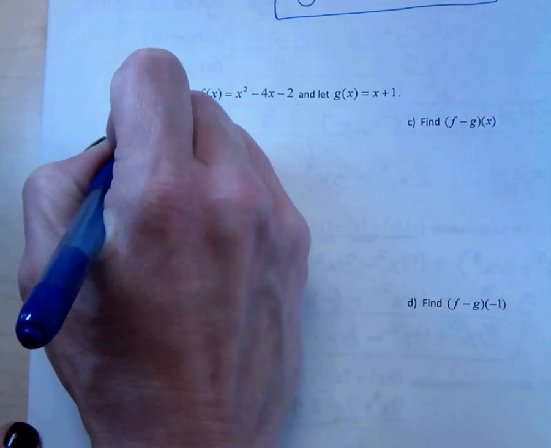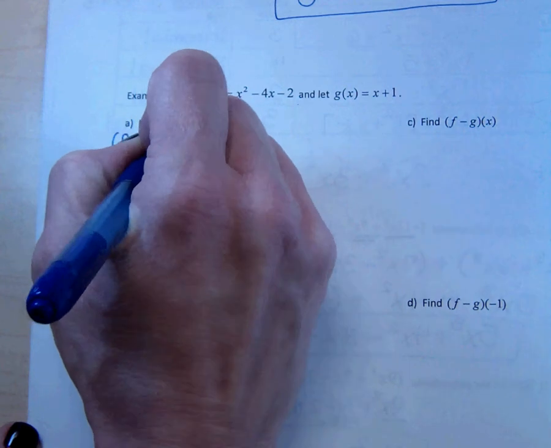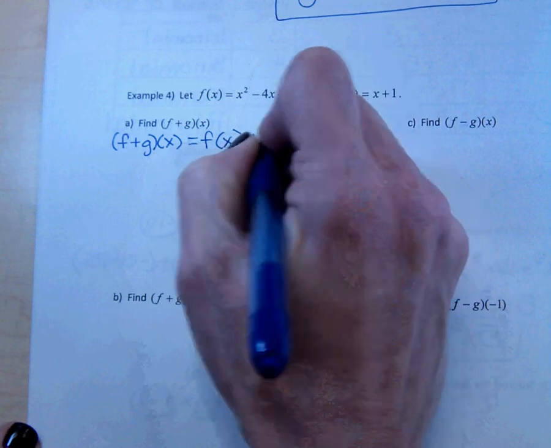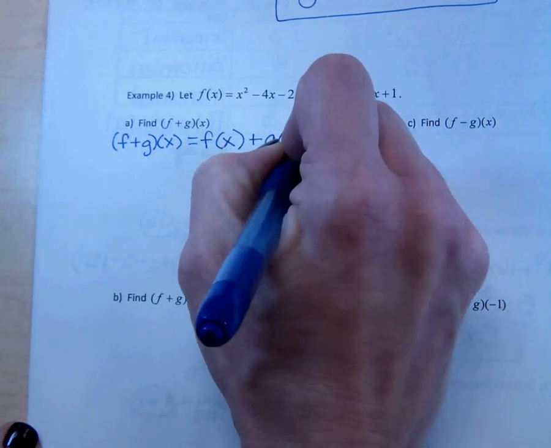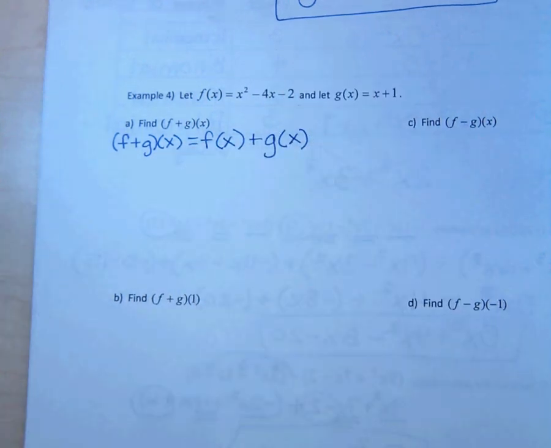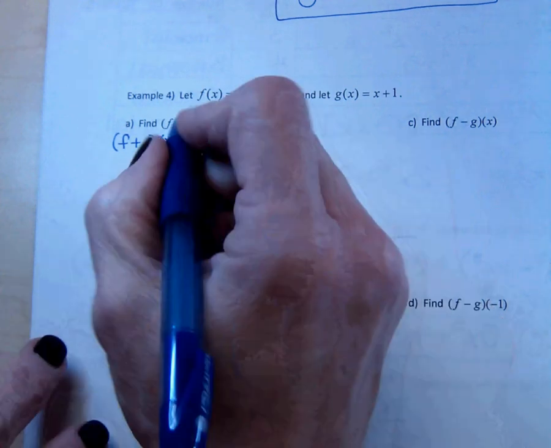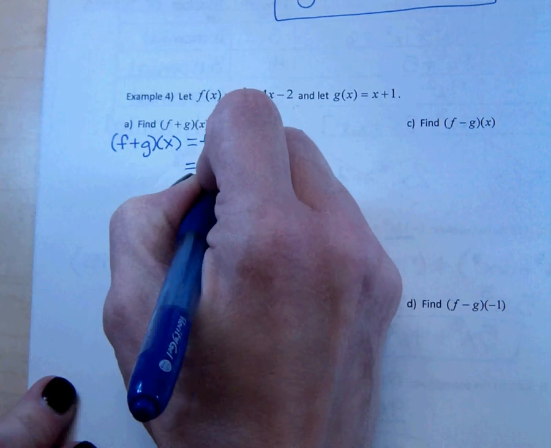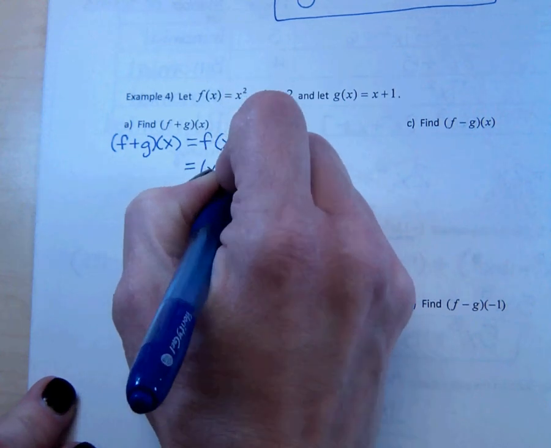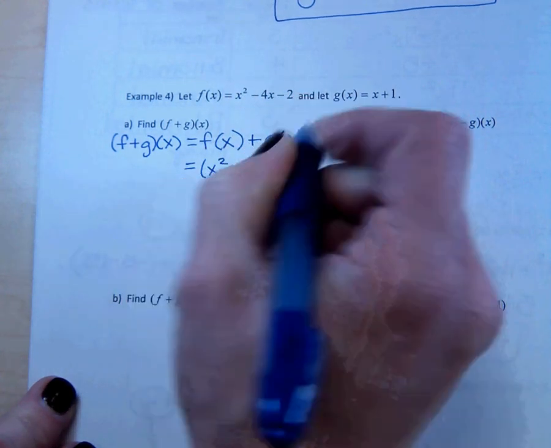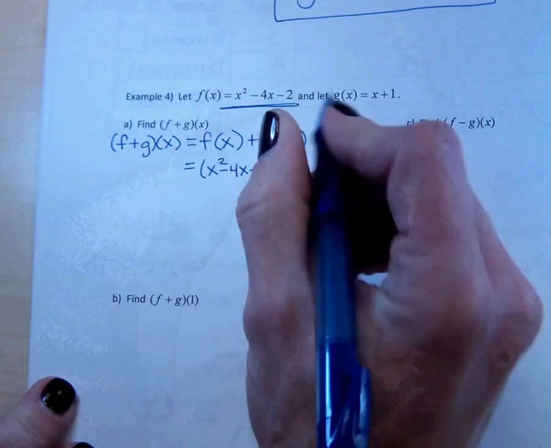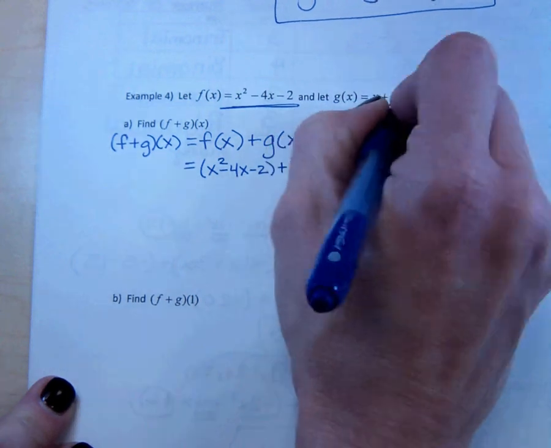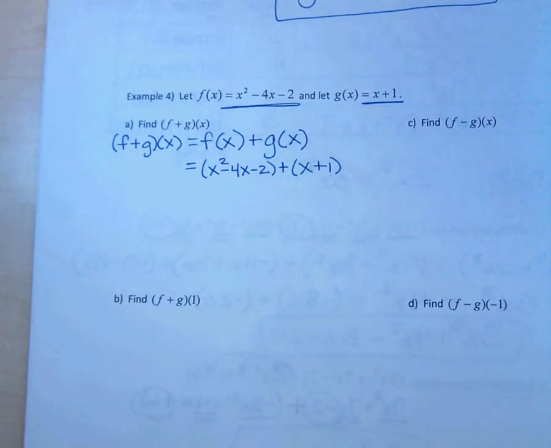Well, creating a function called f plus g of x means you take the f of x function and you add it to the g of x function. So f of x, I'm going to replace it with x squared minus 4x minus 2 from here, plus g of x right here, which is the x plus 1.